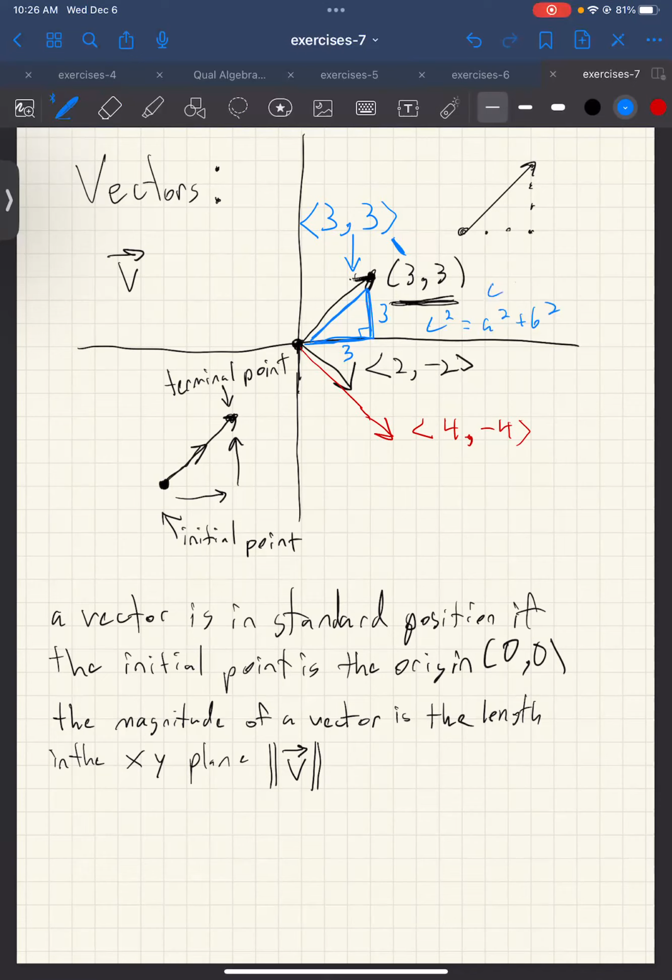So c is just that square root. And it turns out that is exactly our formula for magnitude. It is just the square root of x squared plus y squared, where x and y are the components of the vector, where v is equal to x comma y. So that is how we find the magnitude of a vector, which in our head is really just the length of the vector.